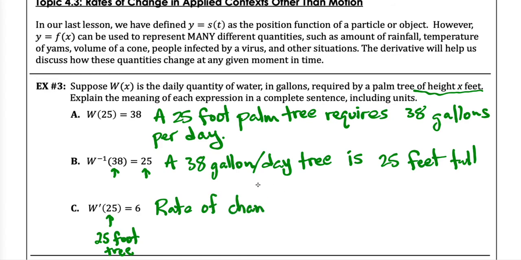So this is how fast the daily water required is changing.